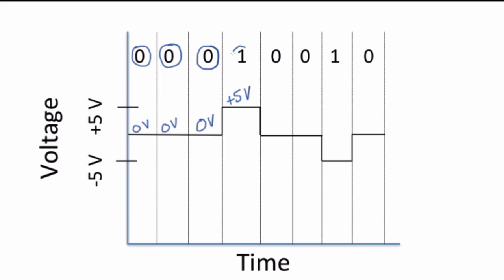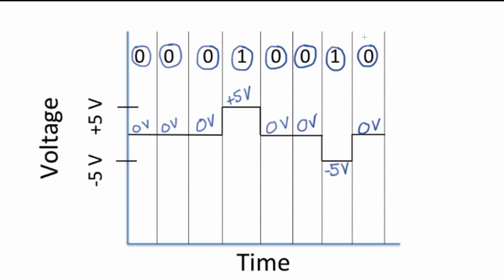The next couple of time slots give us binary 0, 0 volts, 0 volts. However, notice what happens in the next time slot. It's the presence of voltage, but it's not positive 5 volts, it's negative 5 volts. But it is voltage, so it's interpreted as a binary 1. And finally, we have another 0 volt interval, so that's going to be a binary 0.